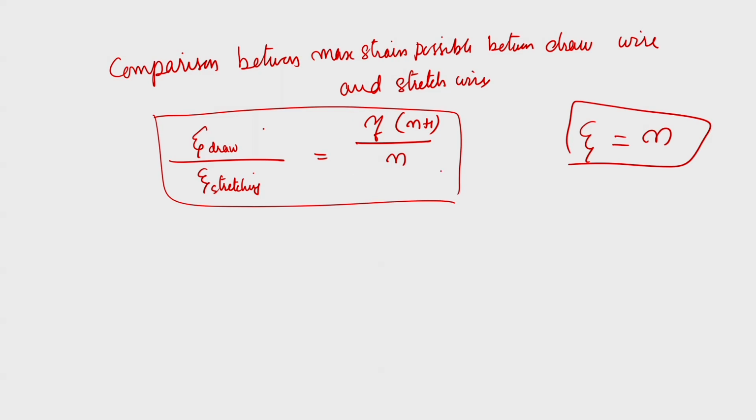So, the work hardening exponent has a very high influence on the maximum strain which is possible in drawing and stretching. Okay. Now, these are the limits which have been obtained.